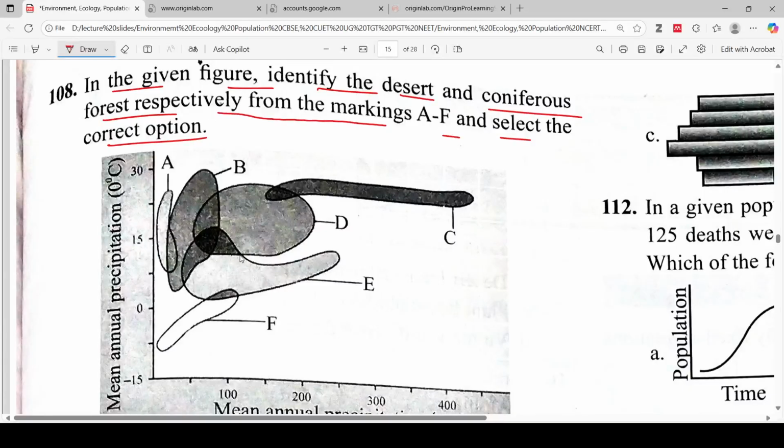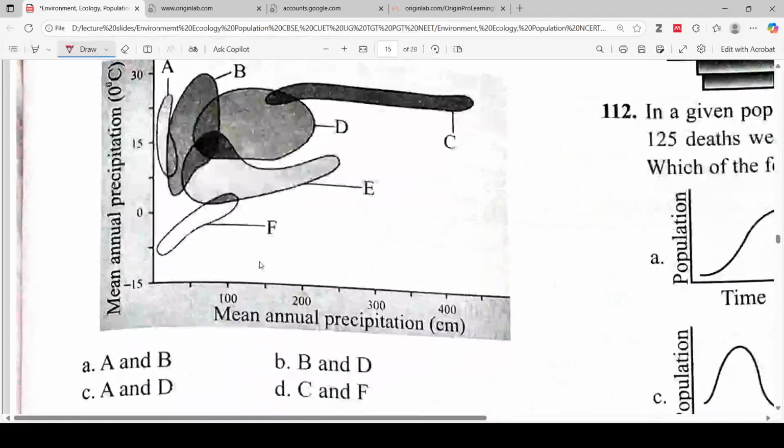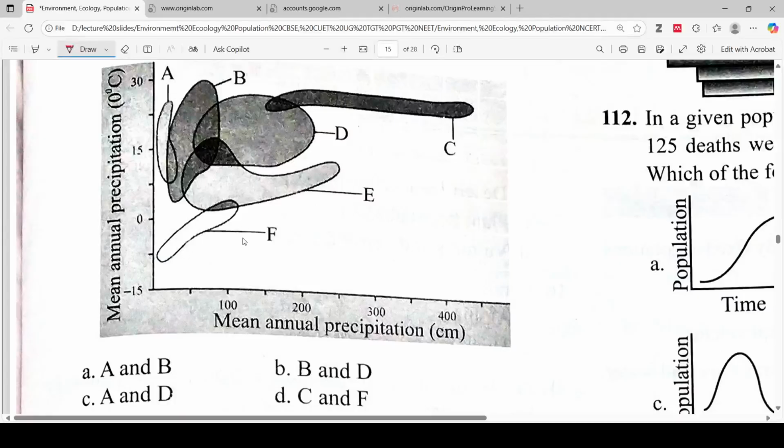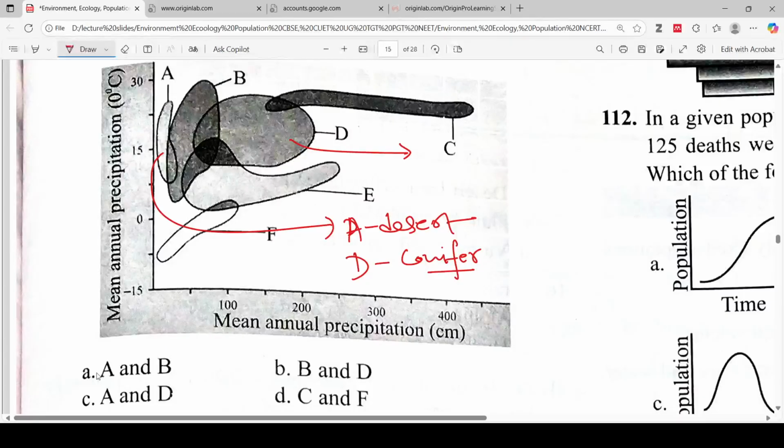Here at A the rainfall is very low, so A will be desert, and D will be the conifer. So the correct answer is option C.